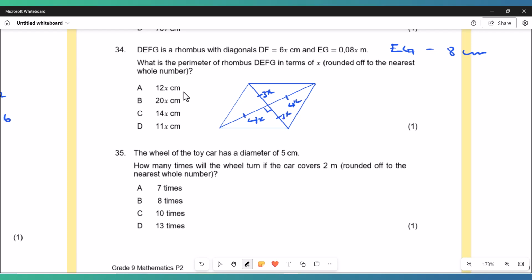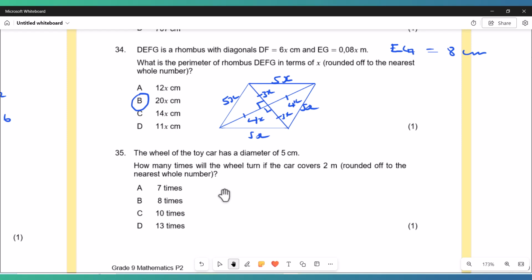Now this one being 90 degrees, with Pythagoras I'm going to get 5 here, which I hope you know. It's going to be 5x here. So being a rhombus, this must be 5x as well, because all the sides are equal. And 5x here. So looking for the perimeter, 5x plus 5x plus 5x plus 5x makes 20x, so the answer is B.